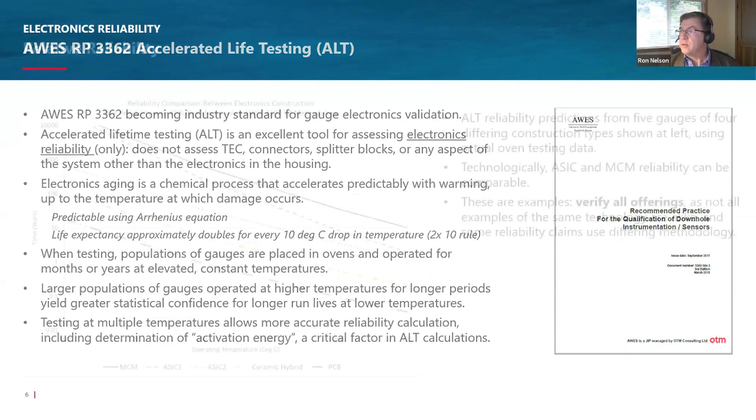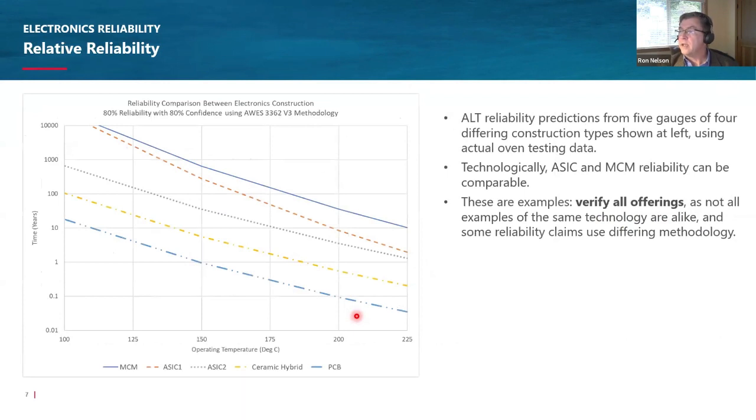And what this really boils down to is this plot here. What I've taken here are reliability data from 5 different gauges of 4 different construction types. And I've taken their oven testing results, which is a statistical analysis, and plotted them on a chart. If I start here at the bottom, there are the older printed circuit board gauges. If I ran these at 150 degrees Celsius for a year, I have about an 80% chance, 80% reliability with 80% confidence, that those gauges are still working.